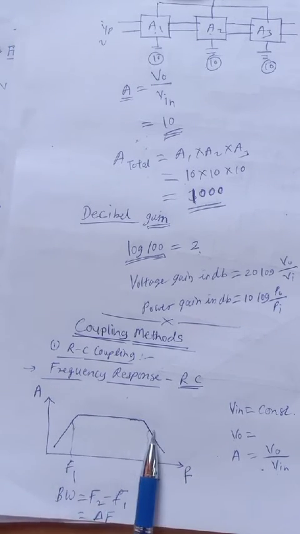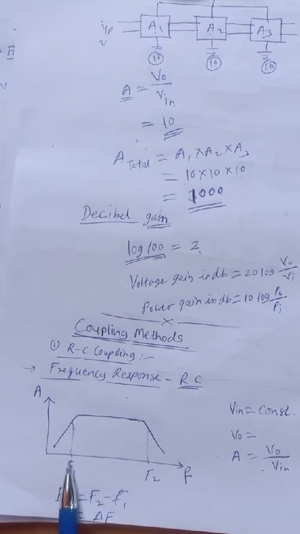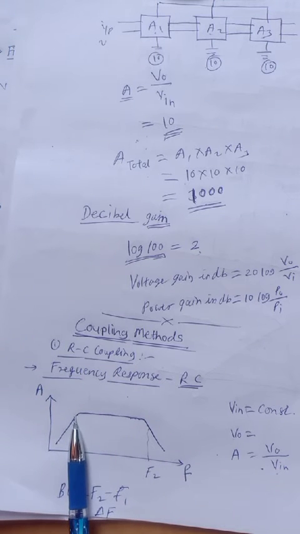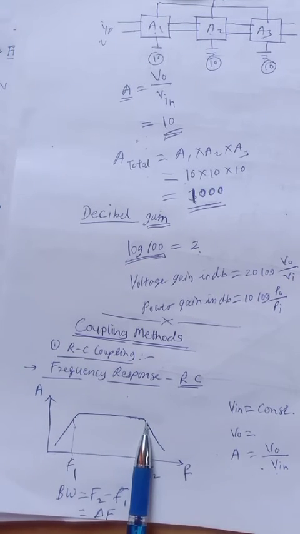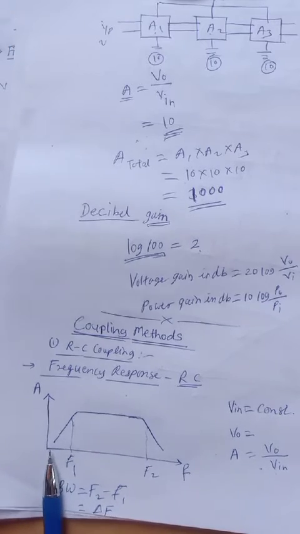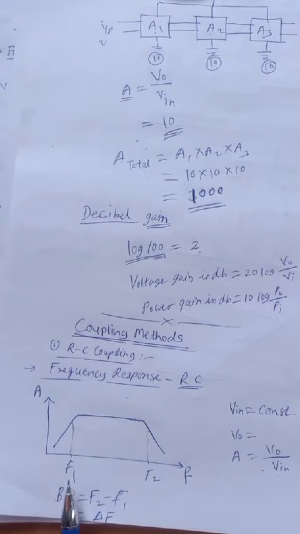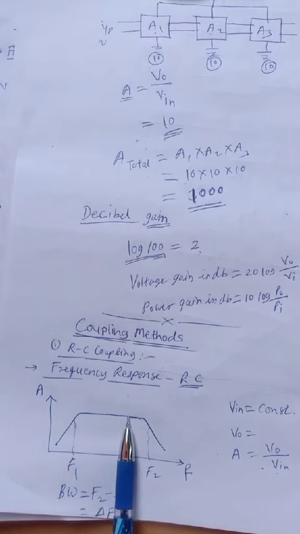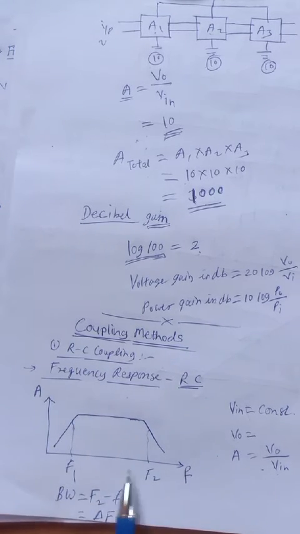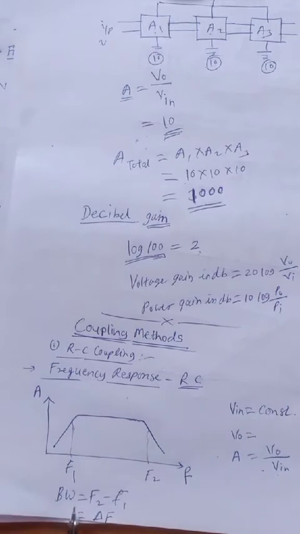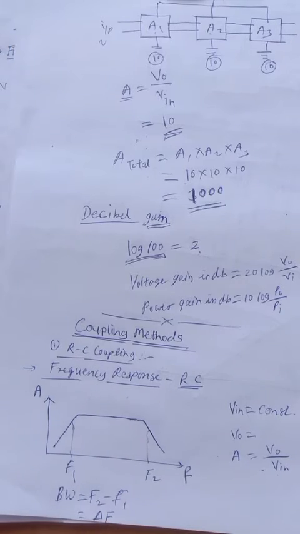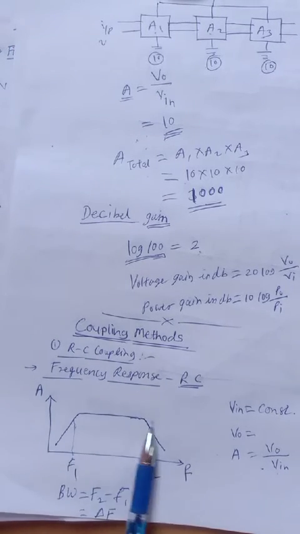There is a middle range of frequencies over which the gain remains constant or near constant. So what does bandwidth mean? It is the range of frequencies over which the amplifier has maximum gain, that is f2 minus f1. Delta f is the bandwidth of this RC coupled amplifier. So this is the variation for RC coupling.